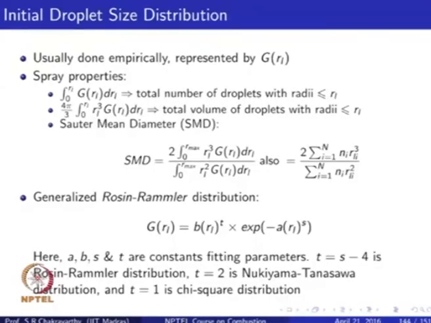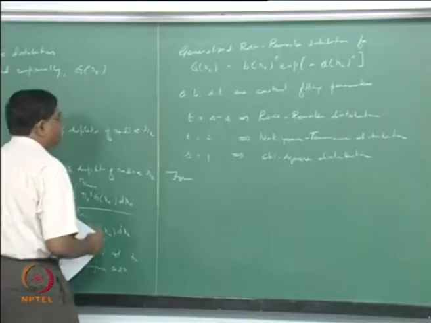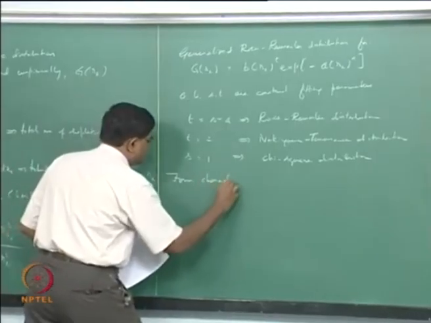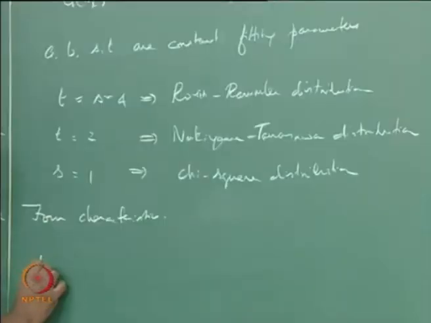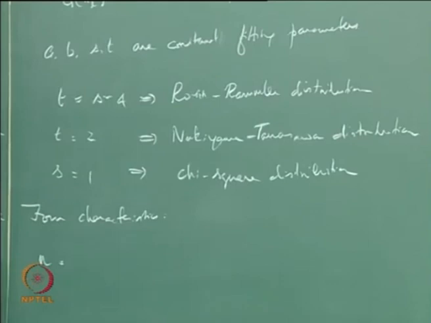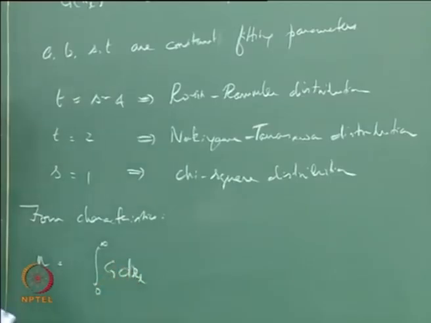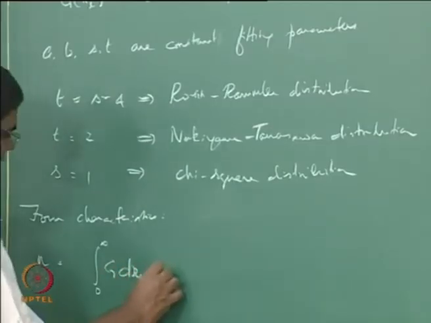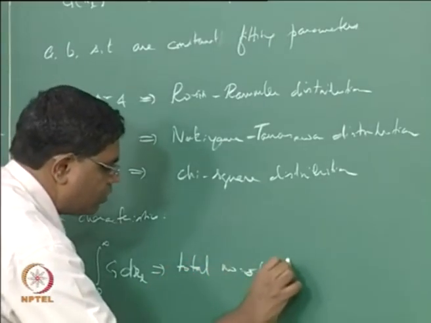So you now have these 4 constants. What we should be looking for in trying to fit curves is 4 conserved parameters, 4 characteristics. N is the total number of droplets, which is something that we saw, but here we take all droplets: the integral 0 to infinity of G dRL, the total number of all droplets.